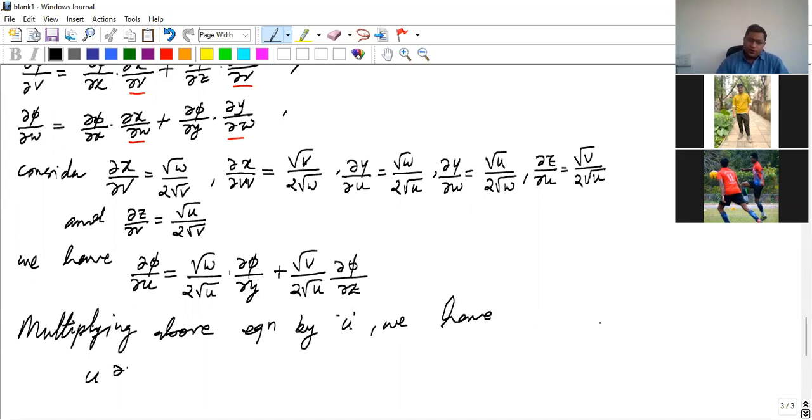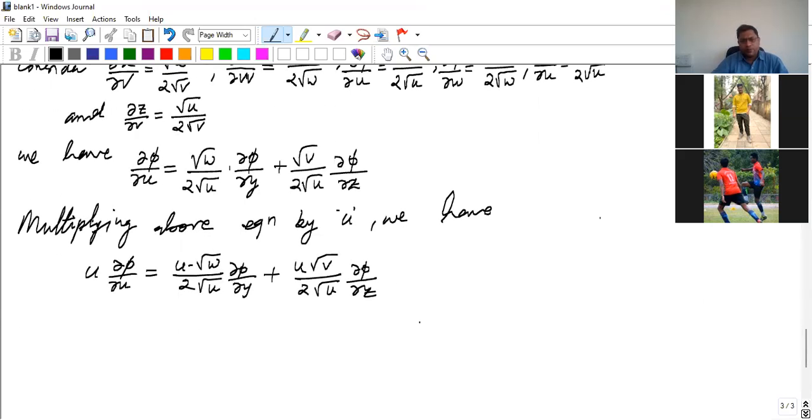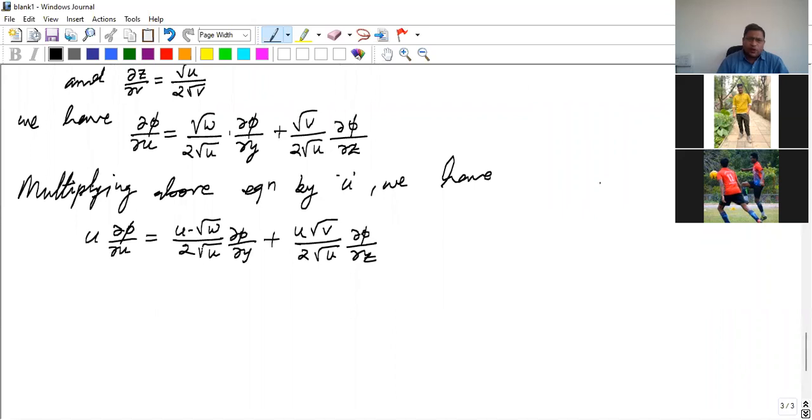So what we got here? u ∂φ/∂u is equal to u into root of w upon 2 root of u ∂φ/∂y plus u into root of v upon 2 root of u ∂φ/∂z. Now we can cancel one root u, and we have 1/2 root of uw ∂φ/∂y plus 1/2 root of uv ∂φ/∂z.